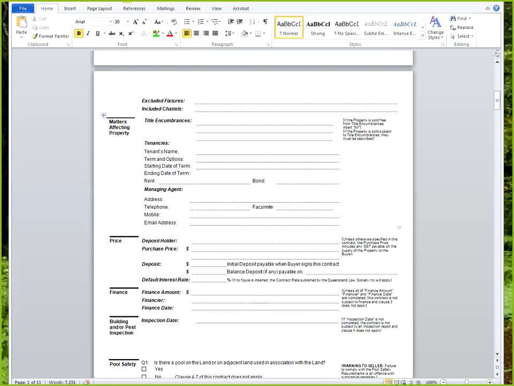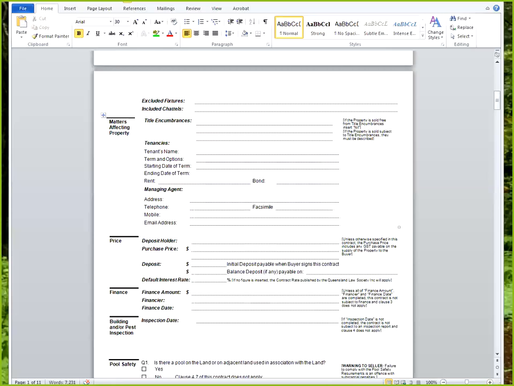Before seeing the partner, I did check the contract and I came across a clause which deals with the issue of abandonment. And that clause in simple terms said that any chattels which are left on the property as at the time of settlement are deemed to be abandoned by the seller.